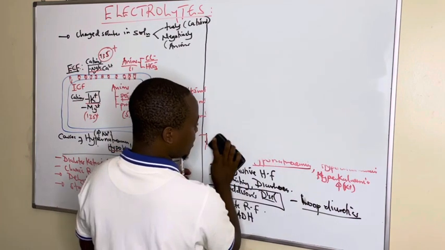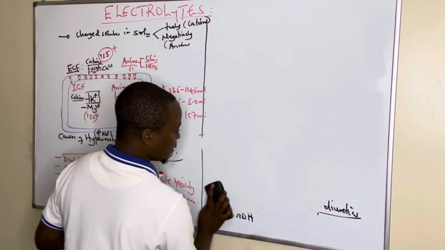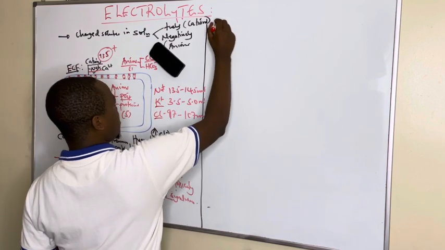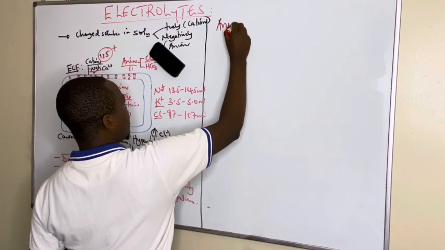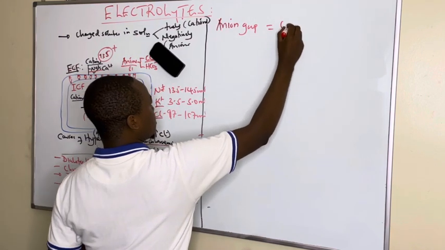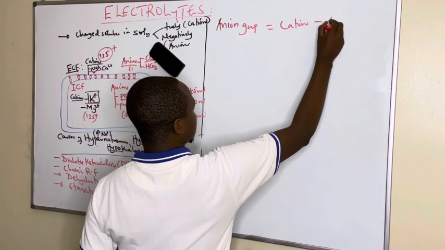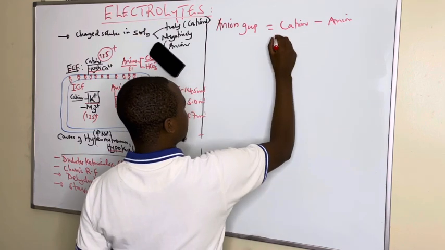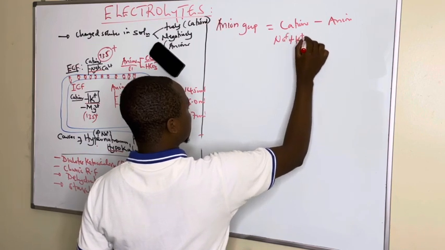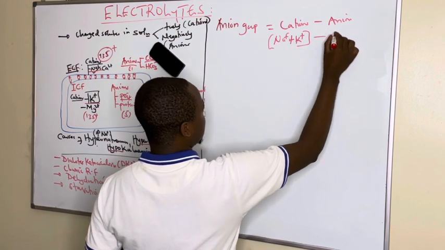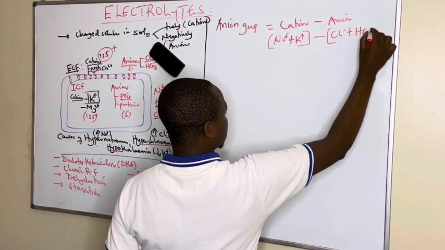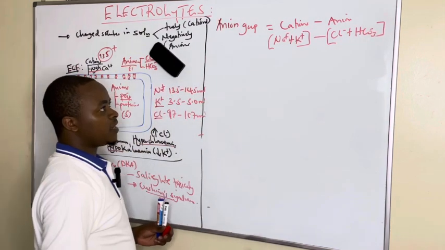In electrolyte imbalance, sometimes we can calculate it by looking at anion gap, whereby anion gap is equal to cations minus anions. That is, if I get sodium concentration plus potassium concentration majorly, then I subtract chloride plus bicarbonate, I'm able to get anion gap.